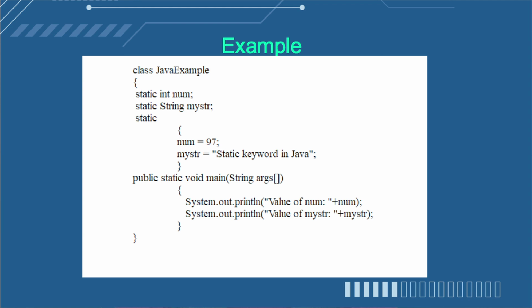Under this class we have created a static block, and after that we have also created the main method. In this program the static block gets executed first, and after that the main method will be executed, as you can see in this example.